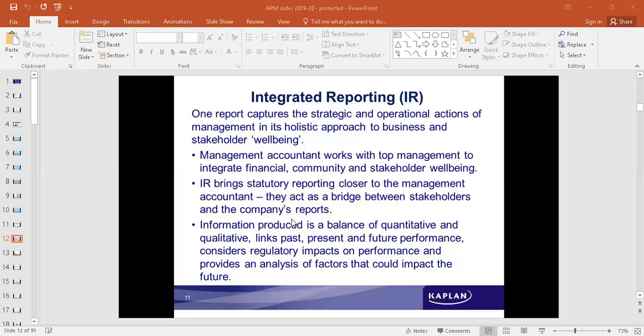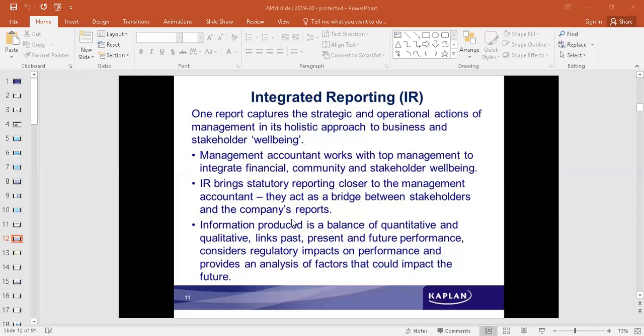Other stakeholders are also dependent on the information that is disclosed with the financial statement. But sometimes in certain situations, we see that this information is not sufficient. In that case, some other information has to be taken, the analysis has to be prepared, and that information has to be provided.